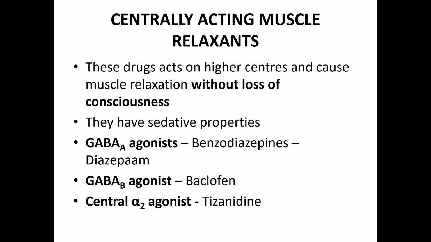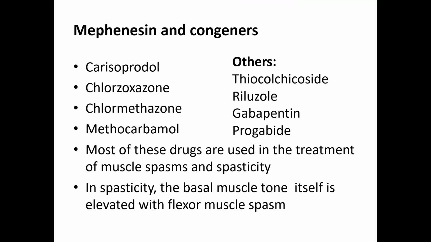Coming to the centrally acting muscle relaxants, these are the drugs that act on the higher centers and cause muscle relaxation without loss of consciousness. They have sedative properties, and the drugs are GABA A agonists, those are benzodiazepines, for example diazepam, and the GABA B agonist is baclofen, and the central alpha 2 agonist is tizanidine, and mephenesin and its congeners. Because of its adverse effects, mephenesin is not used.